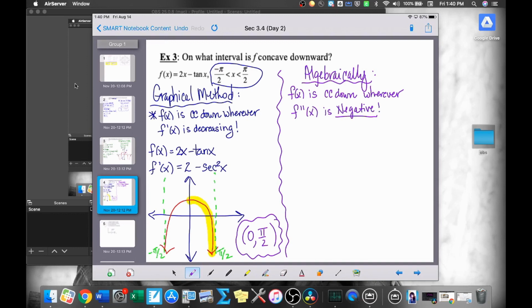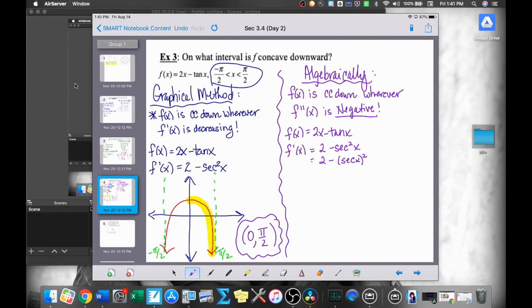So I start again with f of x. F of x is 2x minus tangent x. I already found f prime before, which was 2 minus secant squared x. So now I just have to find the derivative of this. Now keep in mind, secant squared x is secant x quantity squared.